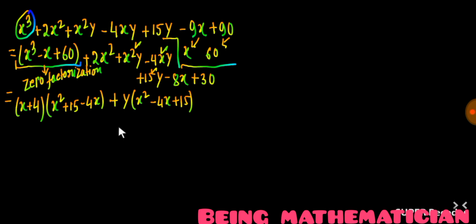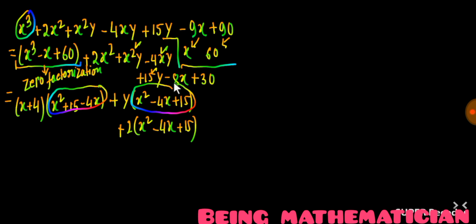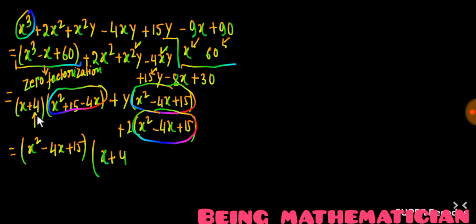So clearly this term is common to each. Now we take x square minus 4x plus 15 common, and we get x plus y plus 2. So the final answer is x plus y plus 6 into x square minus 4x plus 15. This is the answer of this factorization, which contains a zero factorization expression.